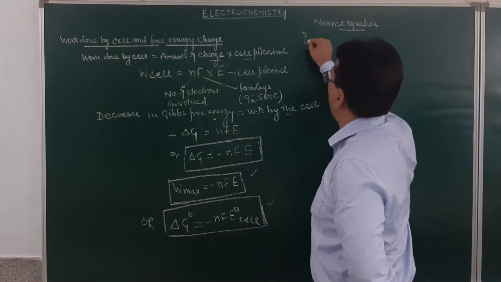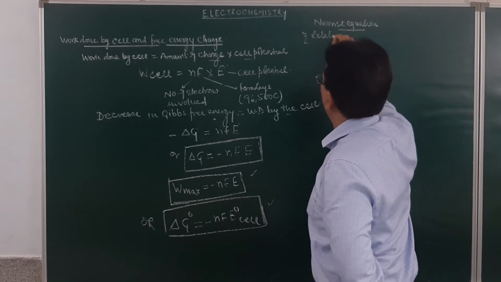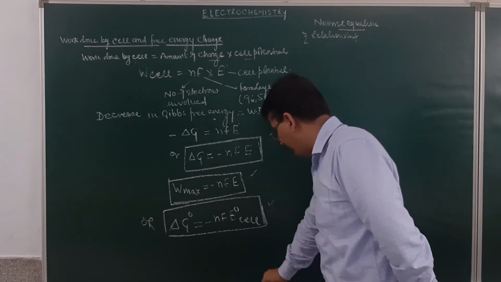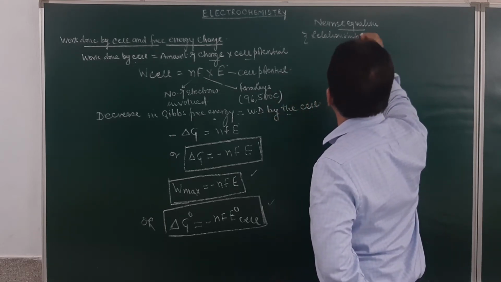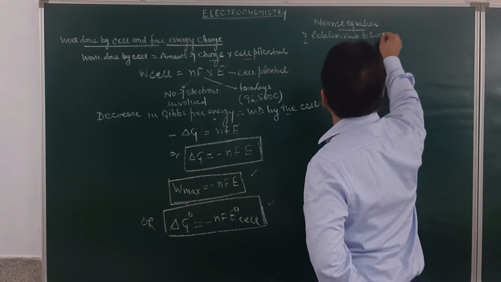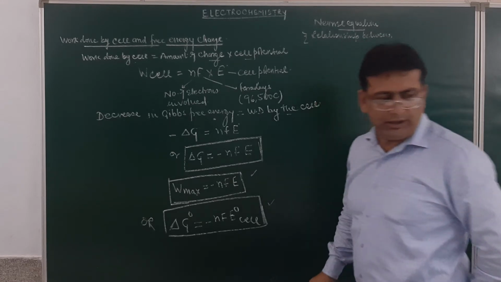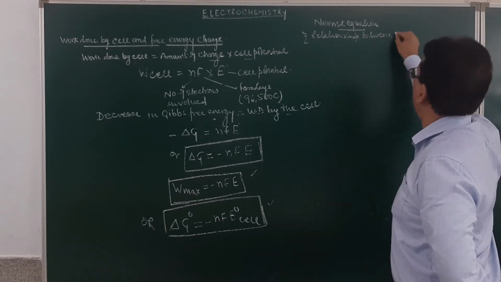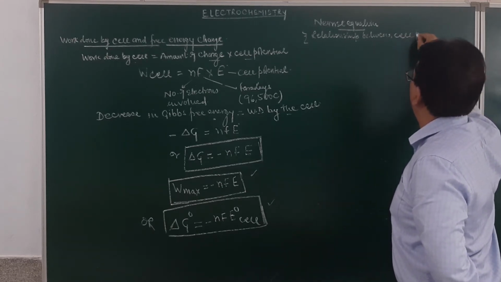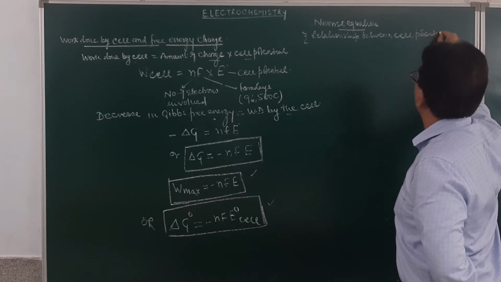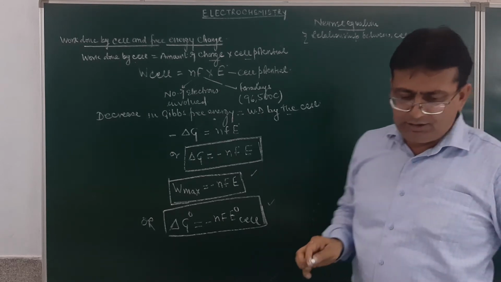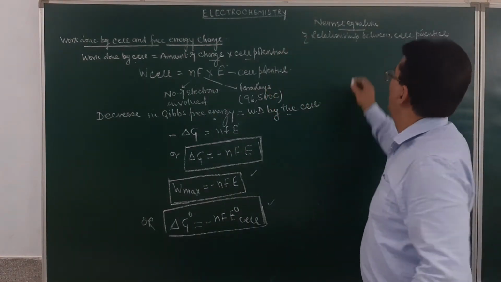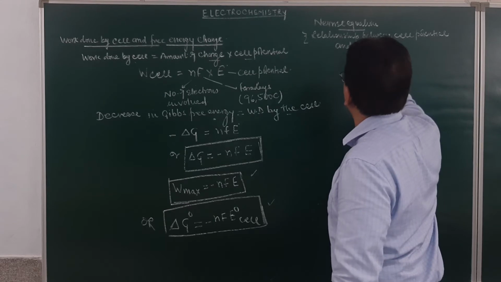So, it will be a relationship between the cell potential and the reaction quotient for the redox process of the cell.